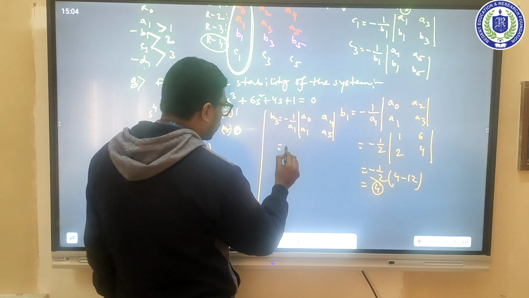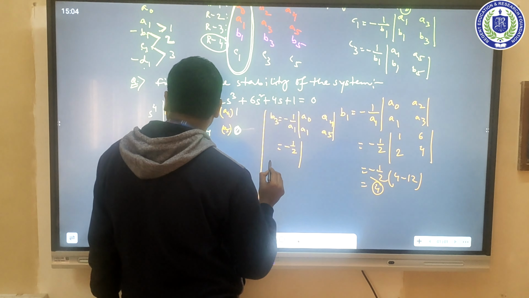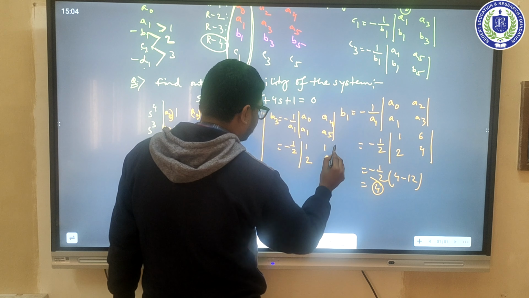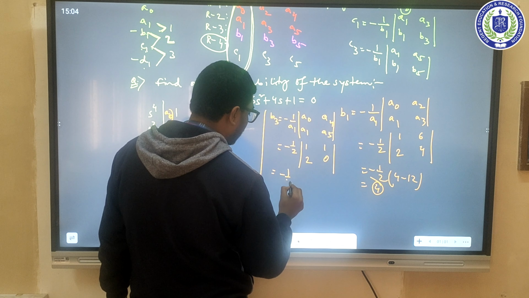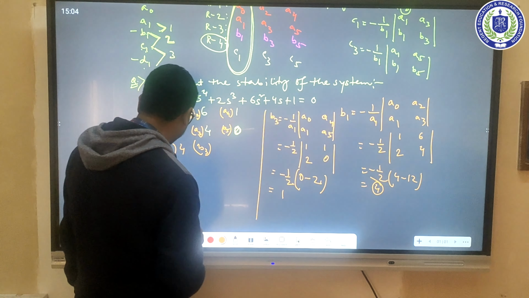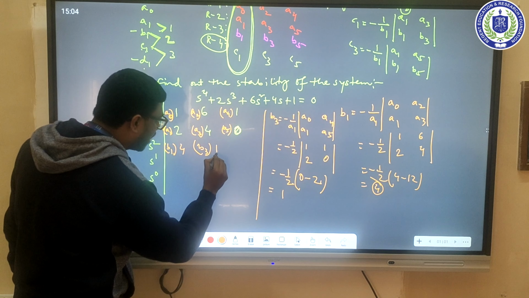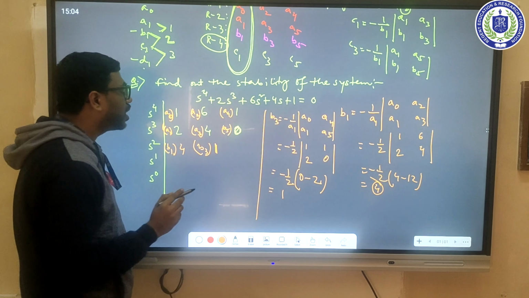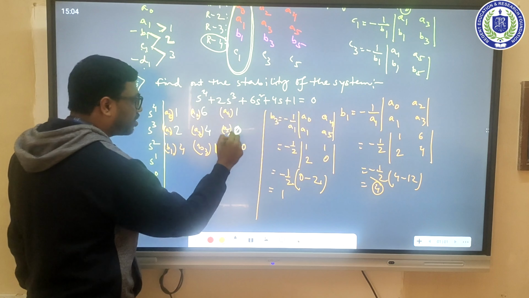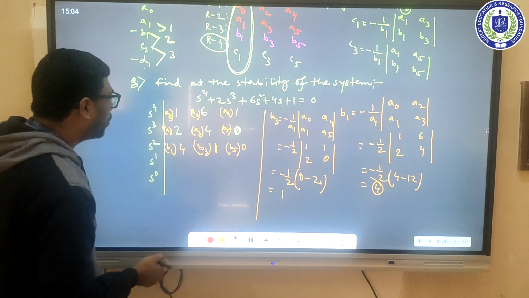So A1 is 2, so minus 1 by 2, with 1, 2, 1, 0. So it is minus 1 by 2 times 0 minus 2, minus 2 by minus 2 is plus 1. So B3 is plus 1. We will ultimately calculate this B5, so assume it to be 0, because it is 0, so we will get 0.